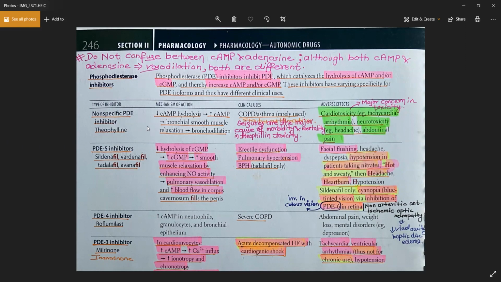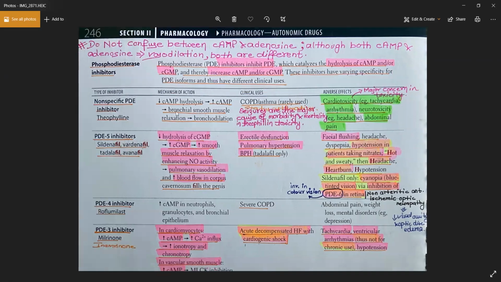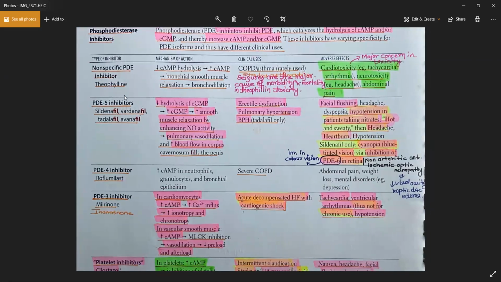Remember, seizures are the most common cause of death, but the cardiotoxicity is the major concern in theophylline toxicity. Theophylline is one of those drugs which have a very narrow therapeutic index, so you need to monitor these drugs very carefully. And remember which neurotransmitter or which hormone this theophylline actually inhibits?